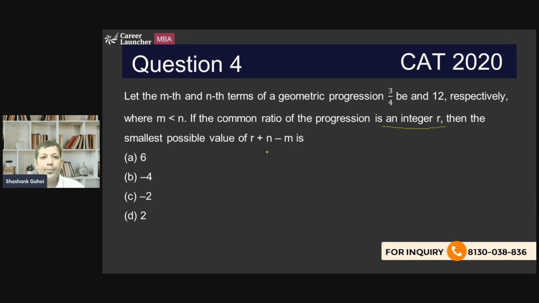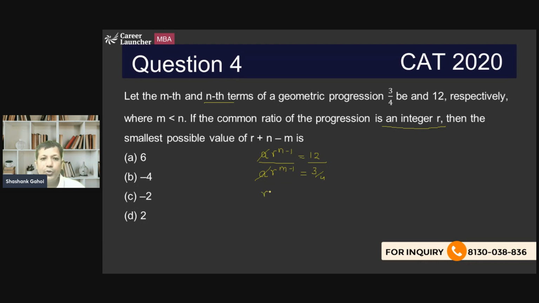Now what I am going to take is the nth term, a r power n minus 1. That is my nth term and that is equal to 12. Okay, the mth term, a r power m minus 1, is equal to 3 by 4. Is the question talking about a? No. So I'm just going to divide, so a cancels out.